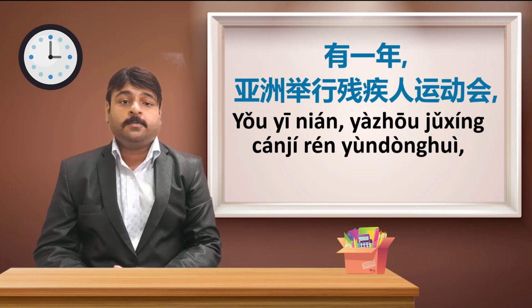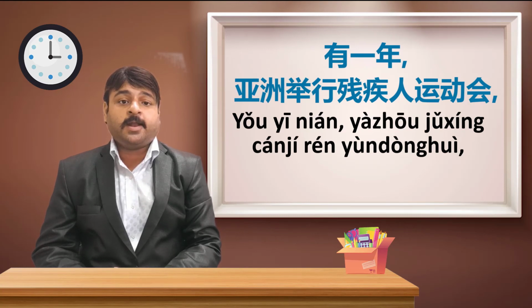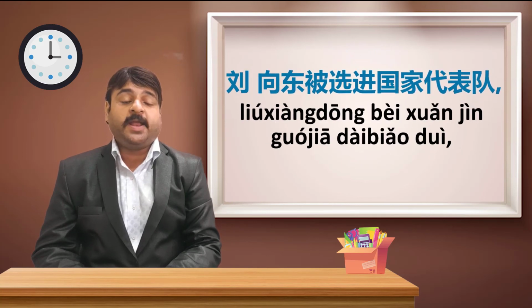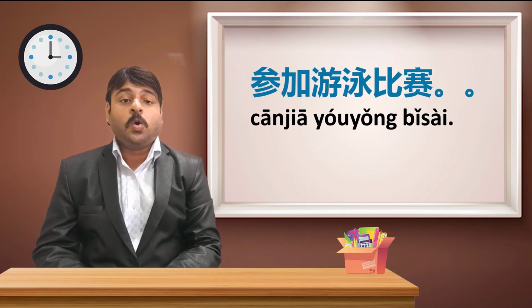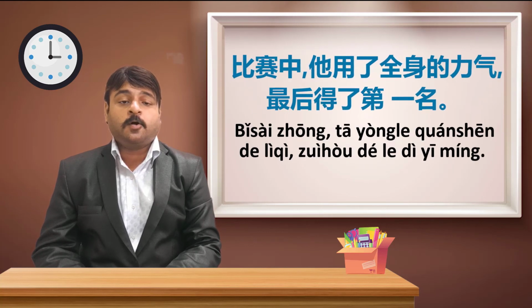有一年, one year, 亚洲, Asia, 举行, held. So in one year, in Asia, was held the athletic meet for handicapped persons. 刘向东被选进国家代表队, Liu Xiangtong was selected to enter the country's delegation. 参加游泳比赛, participated in the swimming competition. 比赛中, in the competition, 他用了全身的力气.